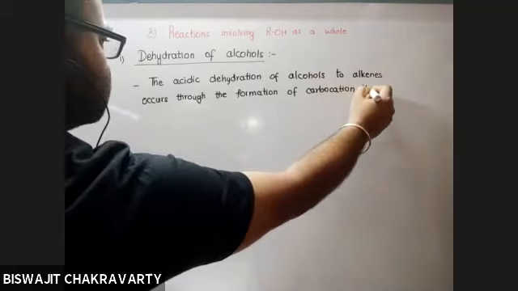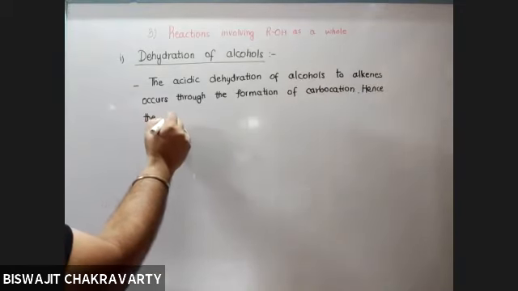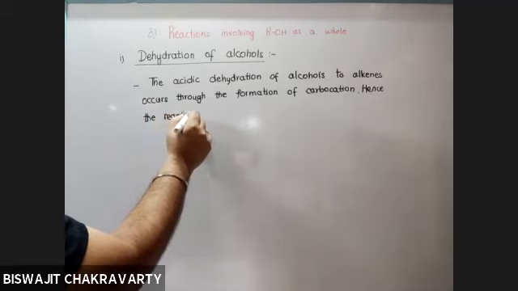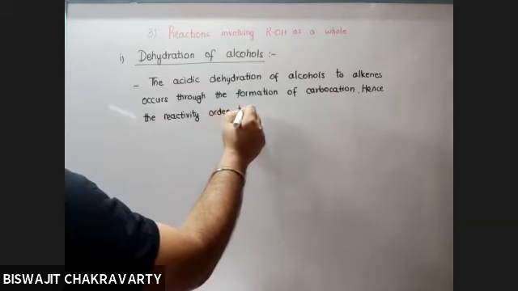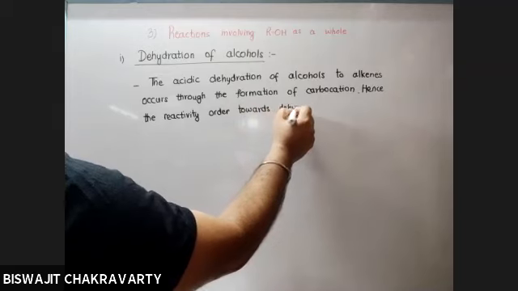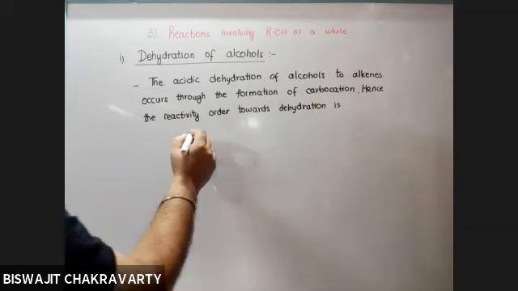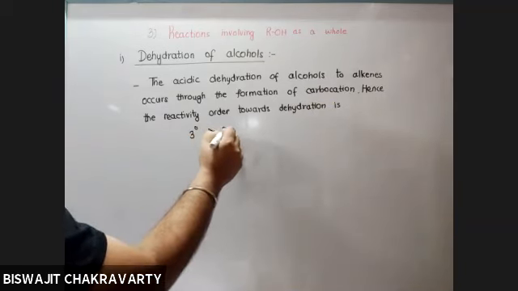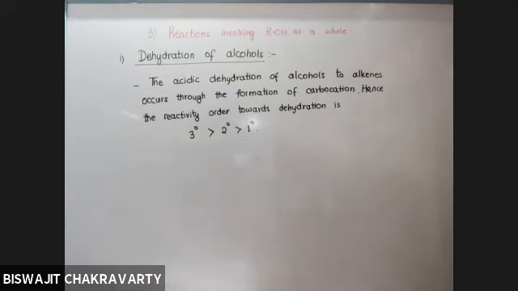Hence, the reactivity order towards dehydration is 3 degree greater than 2 degree greater than 1 degree. So 3 degree will show the fastest dehydration as compared to 2 degree, as compared to 1 degree.